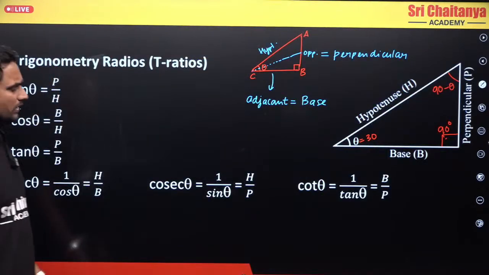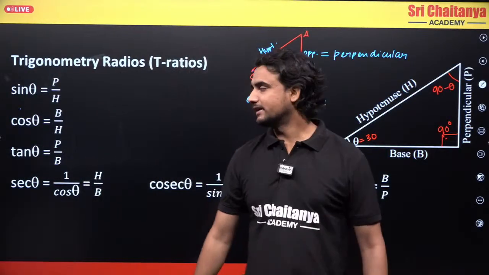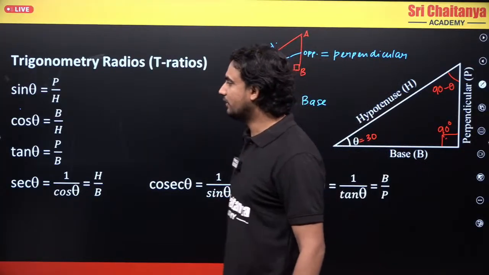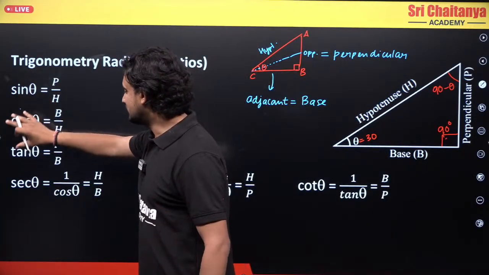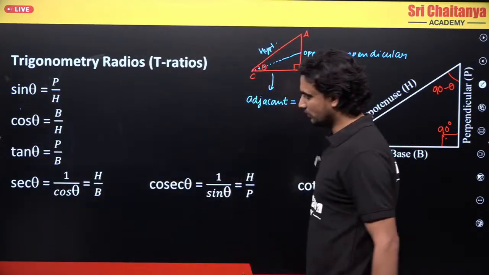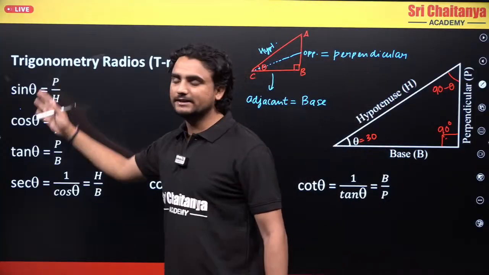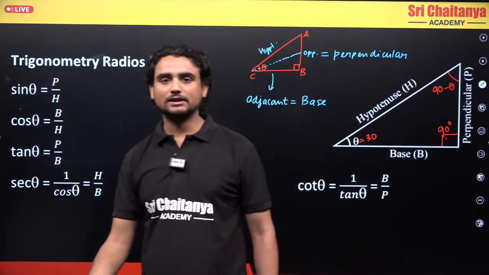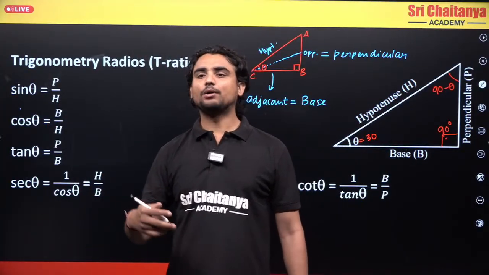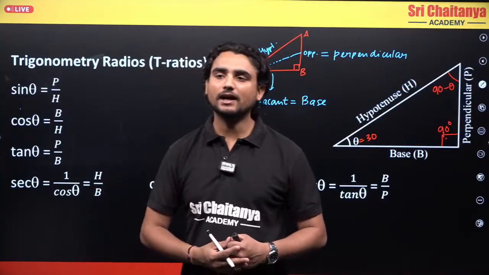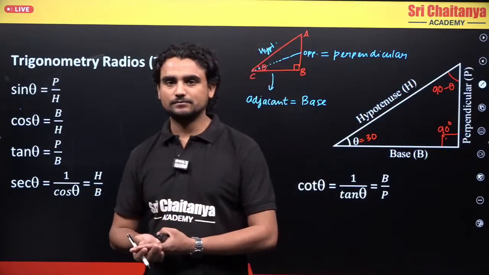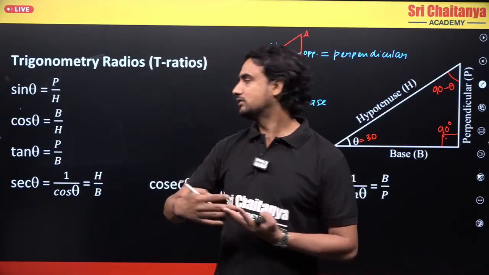So in this triangle, which trigonometric ratios are defined? Sine, cos, tan, cosec, sec, cot. Sine theta is perpendicular upon hypotenuse. Cos theta is base upon hypotenuse. And tan theta is perpendicular upon base. These are the three ratios which we know.